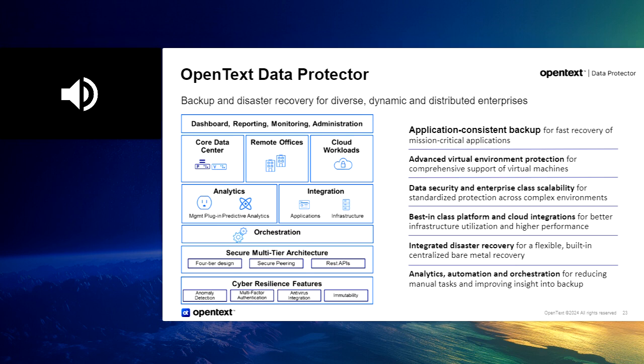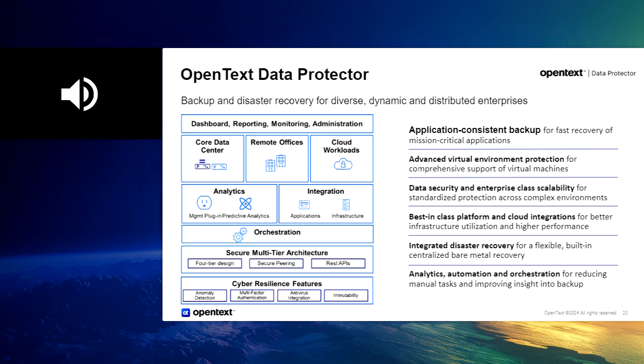We have two-factor authentication. We have the ability to limit what people can do within Data Protector with role-based access control, so we can restrict what people can actually do within the product. Communication between clients and Data Protector itself is all encrypted. So yeah, very secure product.